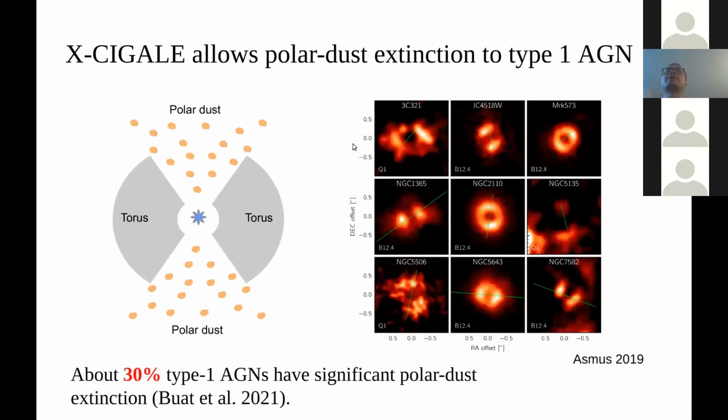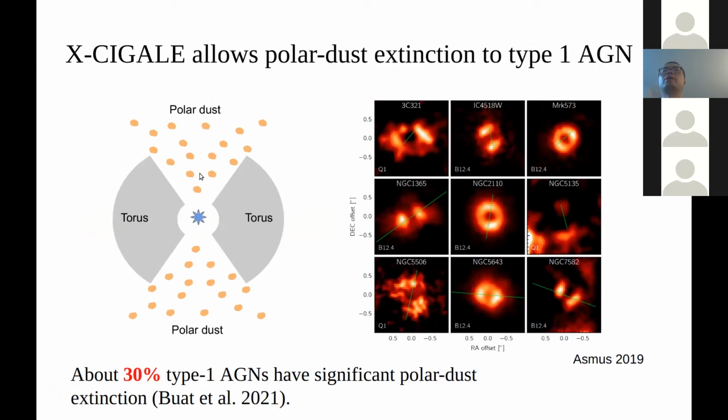In X-CIGALE, we also add the polar dust extinction for type 1 AGN. That's because in the previous CIGALE version, there was only torus extinction for type 2 AGN, but for type 1 AGN, there was no extinction at all. But recent observations found that in fact in the polar region, there is a lot of dust emission.